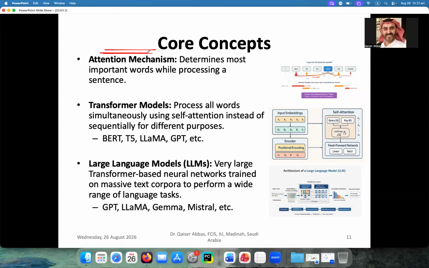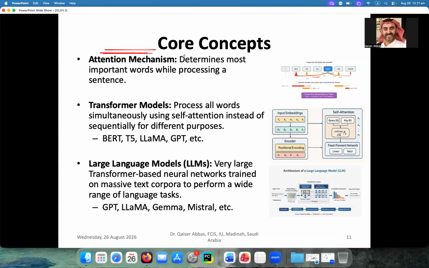When I was discussing that, I told you they will find some contextual relationship between the words, and then whatever vector you have previously, they will add their own values to that vector.